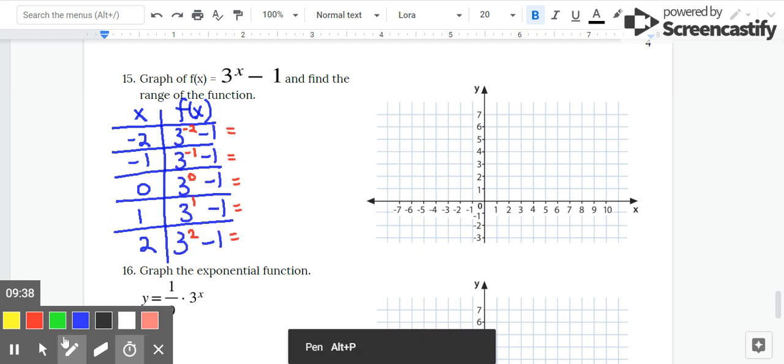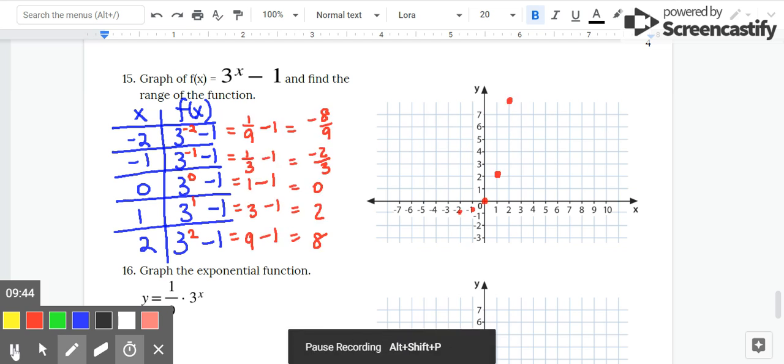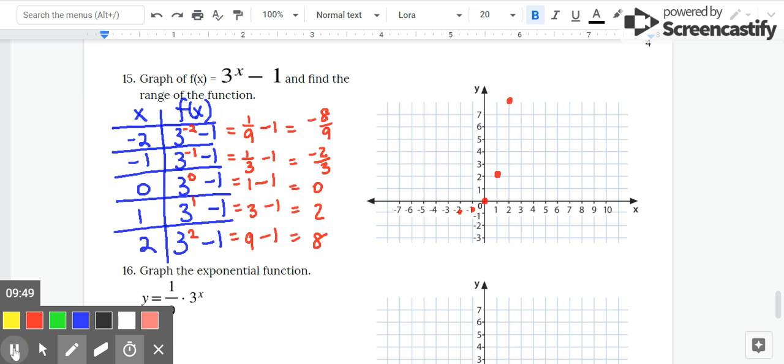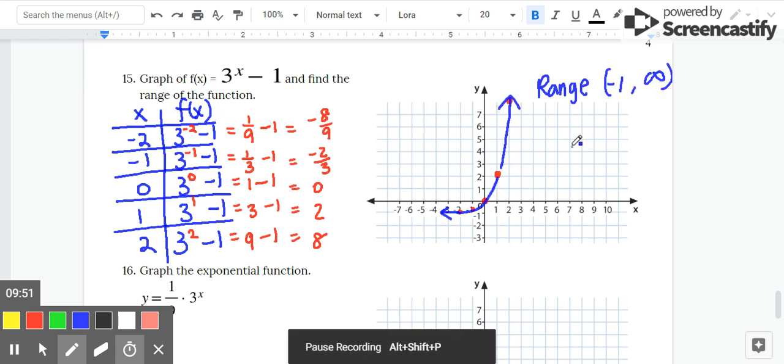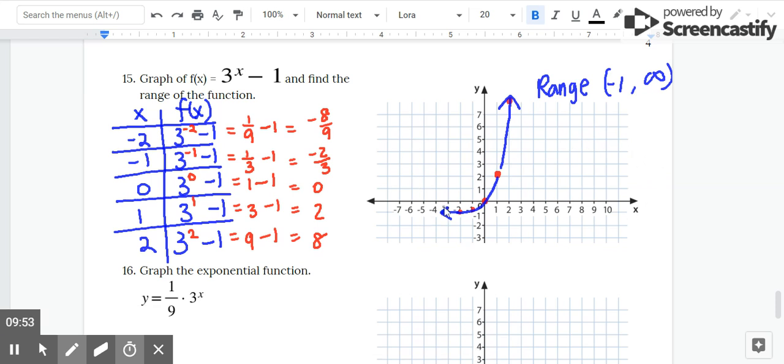If you plug in, then it's going to be like this, and I'm going to evaluate it and simplify. And if you plot it, then it's going to look like this, and let me connect them. And then the range is going to be from negative 1. It's going to be really close to negative 1, but never negative 1, to infinity.